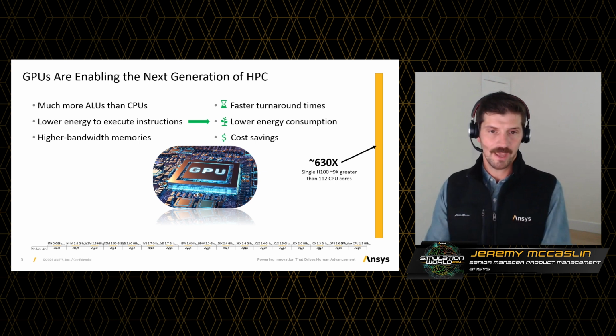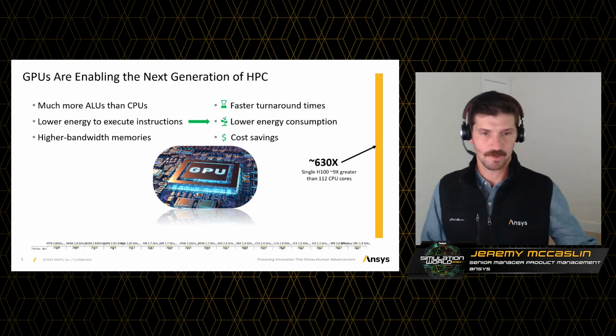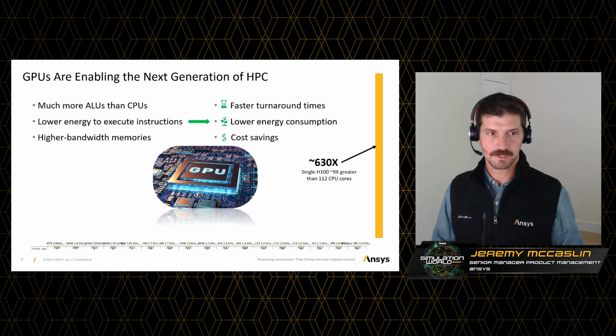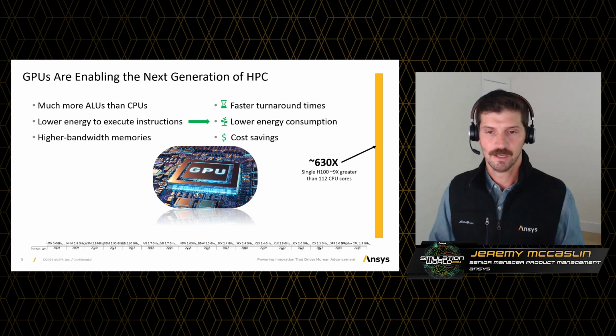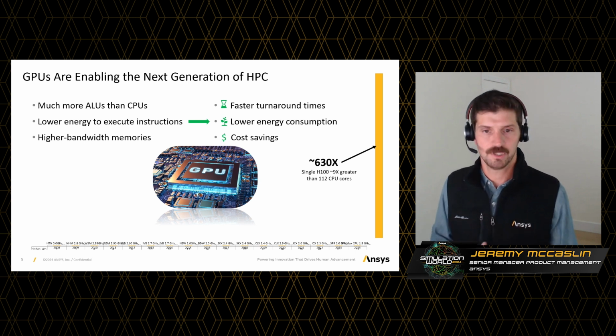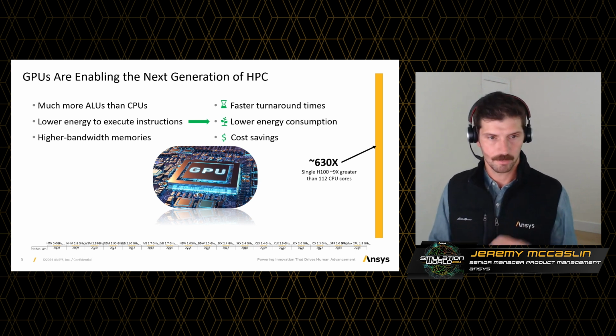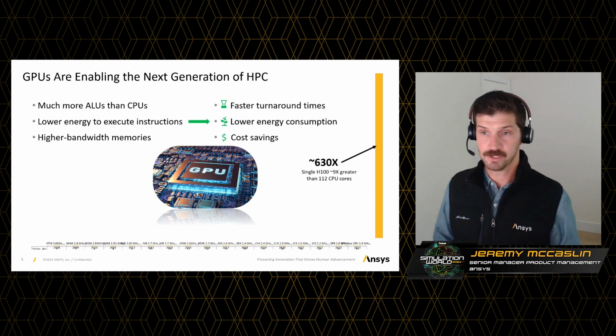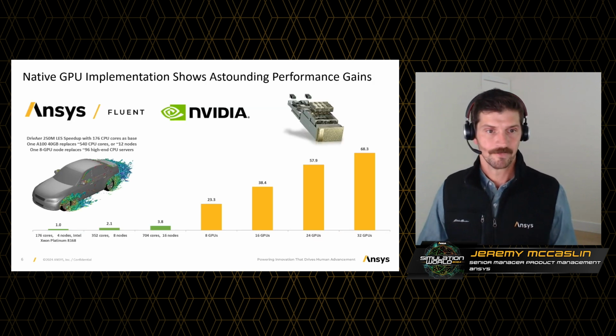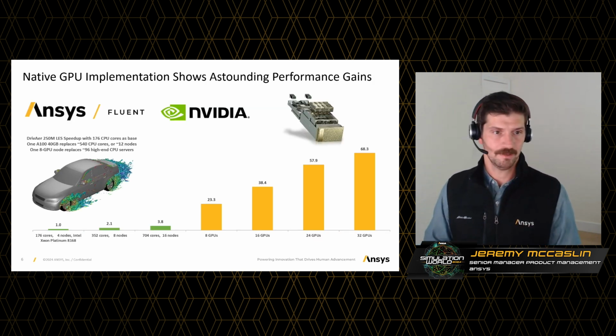If we compare that single node performance back to 2008, instead of the 91x that we're getting in the CPU context, we're getting a factor of well over 600, right? So that gives you an idea of the type of step change that we're talking about in terms of simulation throughput that GPUs enable. So that's why we're so excited about this, right?